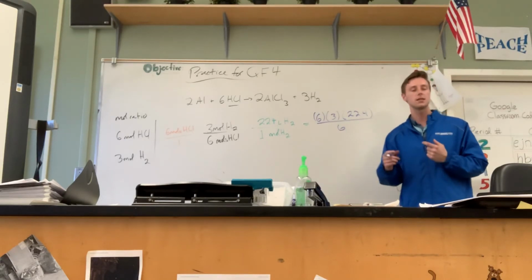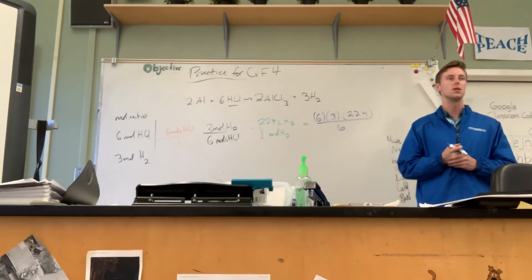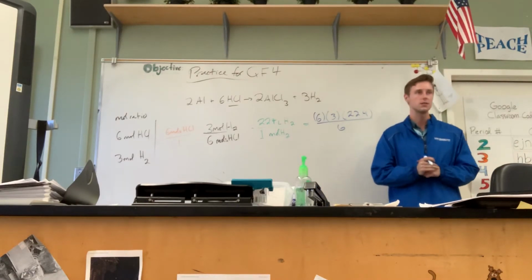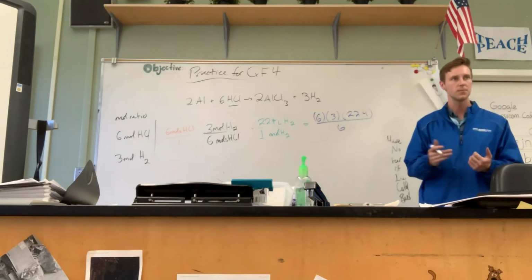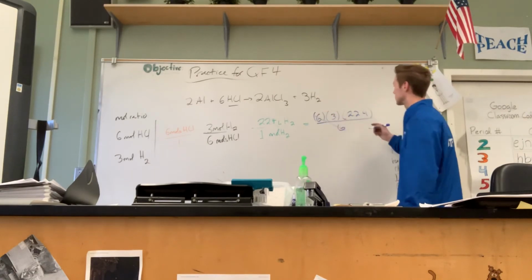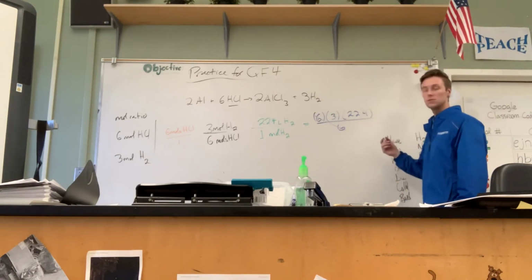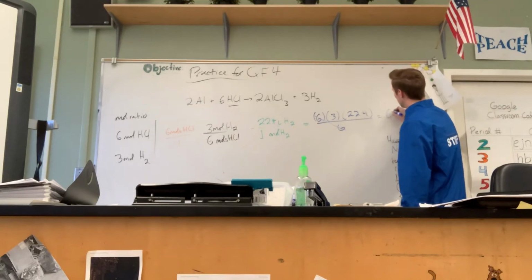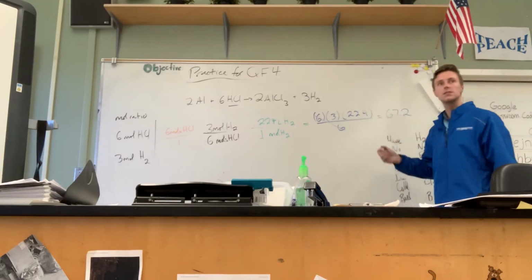I didn't make the numbers very close to each other, though. So if you make a small error in calculation, it probably won't throw you off too far. So let's say this is going to equal, the 6's cancel out, this is going to equal 67.2.